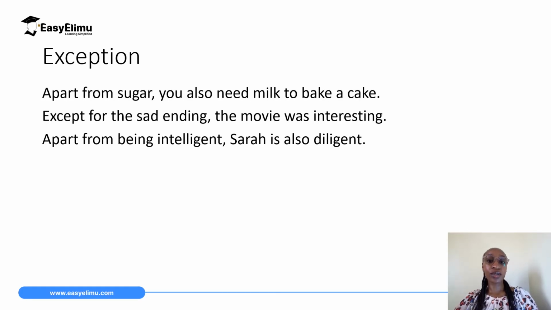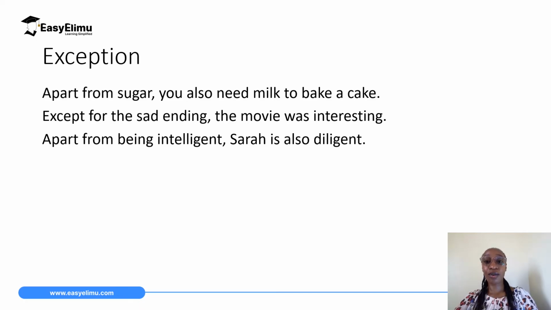We can also use complex preposition to show exception. For example, apart from sugar, you also need milk to bake a cake. So you need sugar, but there are other things that you need. So apart from is a complex preposition. Except for the sad ending, the movie was interesting.